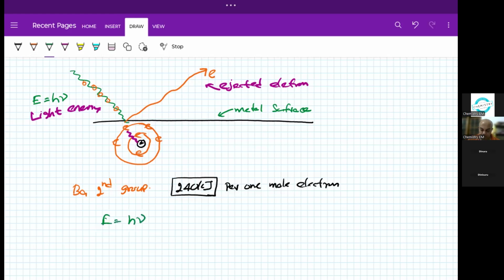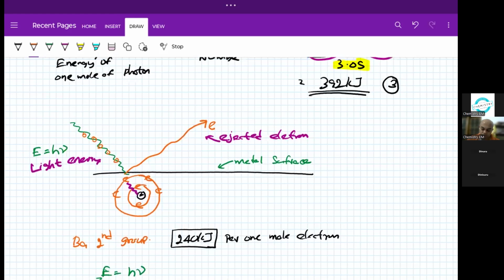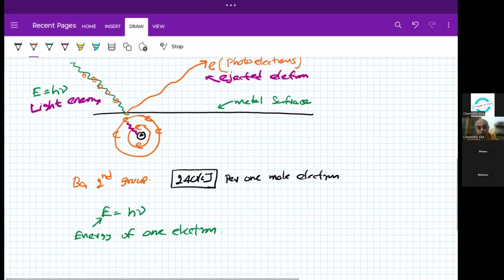But there is a problem. This E is the energy of one electron, or one photoelectron. Why is this name used? If an electron is ejected by using photons, those are called photoelectrons. So this is the energy of one photoelectron, E equals h nu.